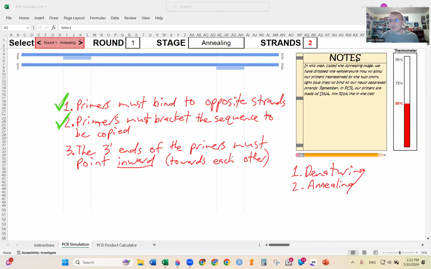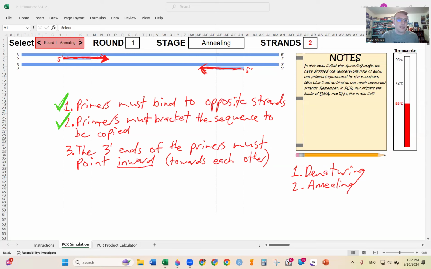Do the 3' ends of the primers point inward towards each other? Well, let's look. This primer, its 5' end is over here. This primer, its 5' end is over here. So this one, if we're going 5 to 3, it's going this way. And this one, if we're going 5 to 3, is going this way.